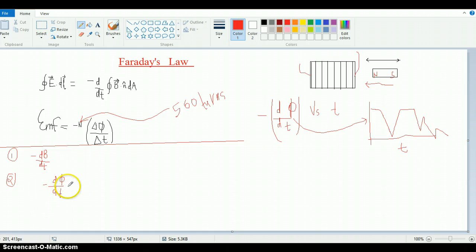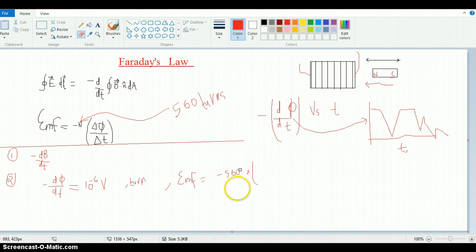Let's say the value we got from the graph was 10 to the negative 6 volts. Then we can say that it's the rate of change of magnetic flux through one turn of the coil, but we have 560 turns, so the EMF is going to be 560 times that.